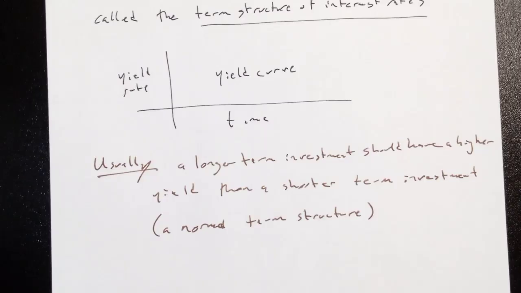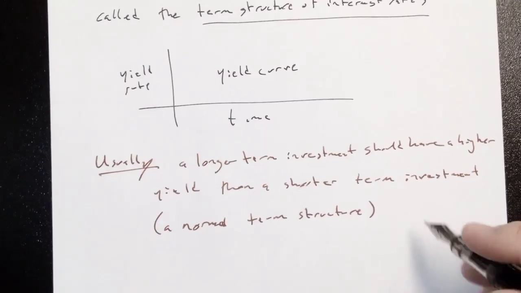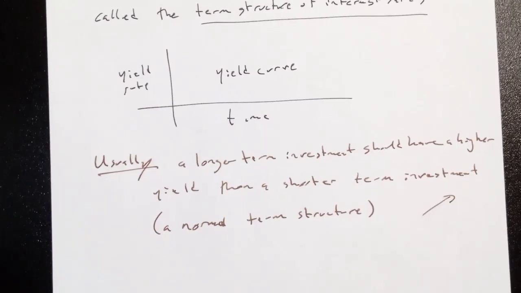Say what? I'm not sure about linear, but it should definitely be a positive slope as we go from left to right. So I would expect a curve that does this. Something that increases. The longer my term structure is, the further out I'm projecting, the higher my yield should be. Okay, why is this, quote, normal? Why would it make sense for you to get a higher yield on a longer term investment?